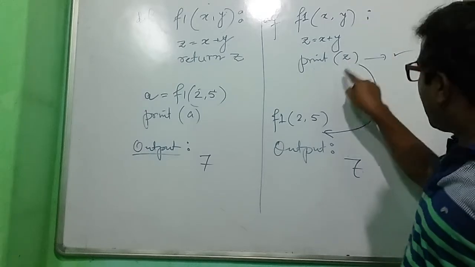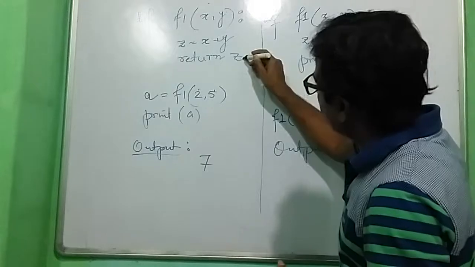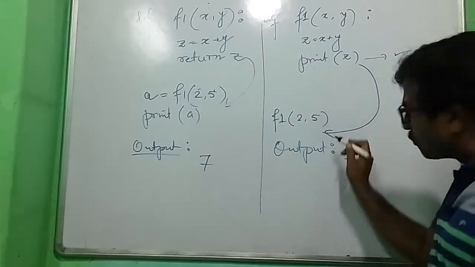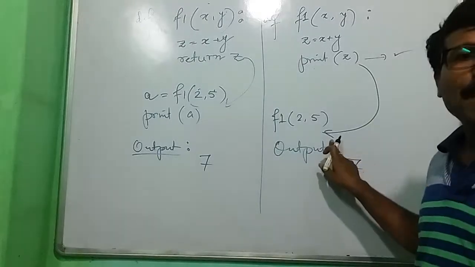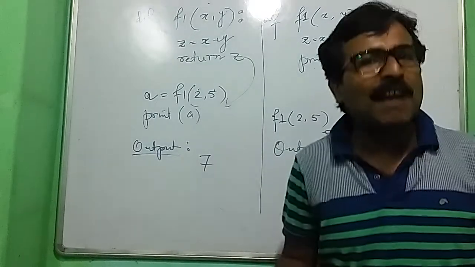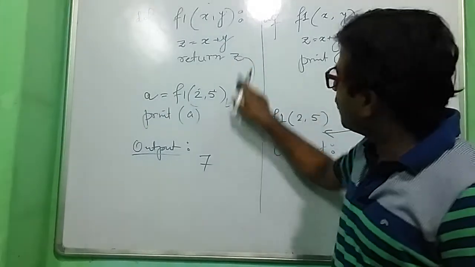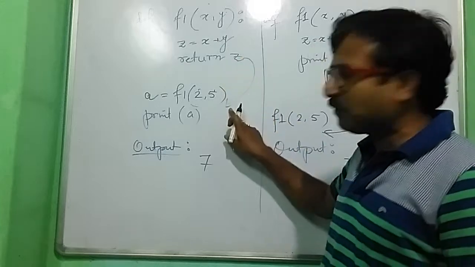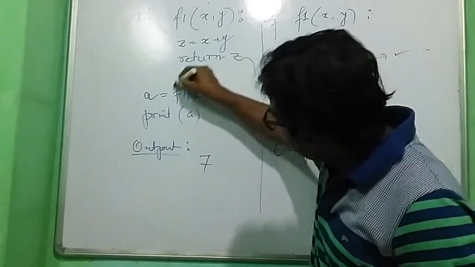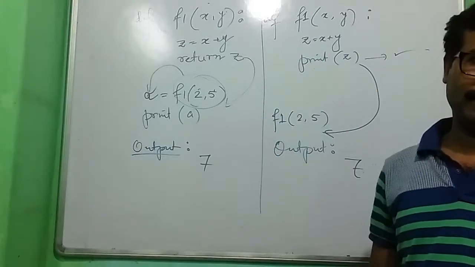And while it came back, both places it came back. But over here it came back empty-handed with no value. Right? But when it came back over here, it came back with the value of z, and that value of z got initialized in the variable a.